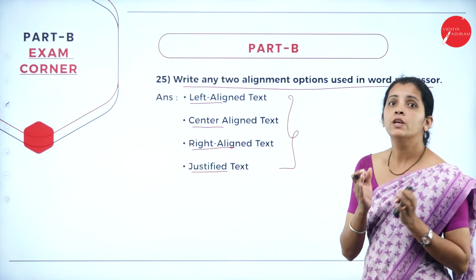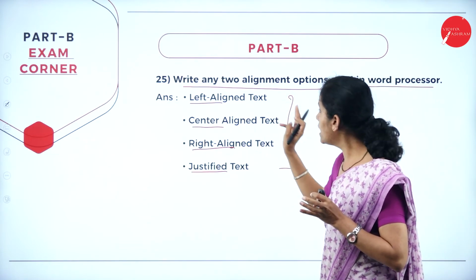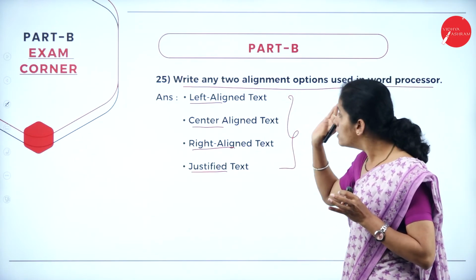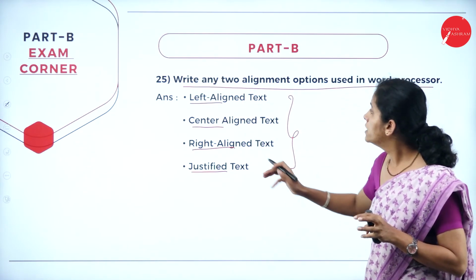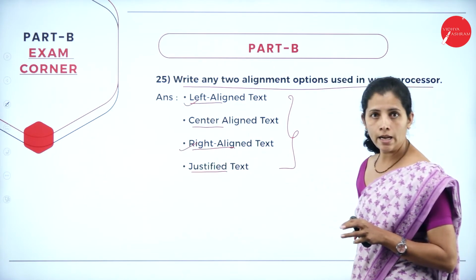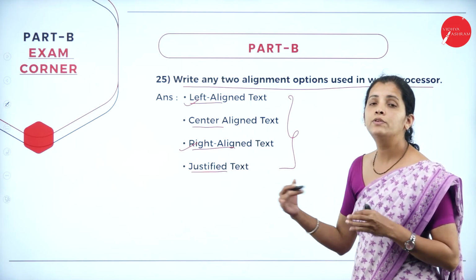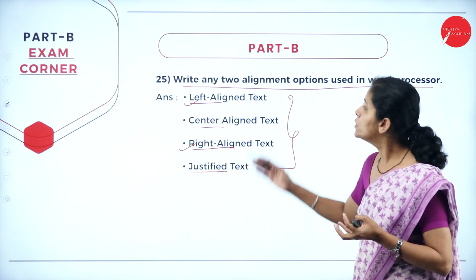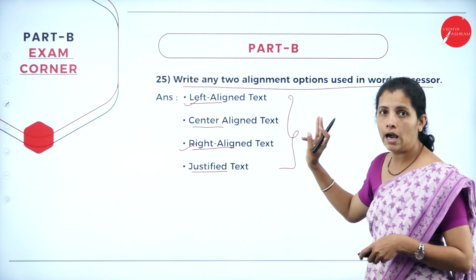According to the question, I want to list only two, but here I have mentioned four. It may be left alignment or right alignment, center or justified. It is left to you. Whichever you feel is easy, write any two alignments.